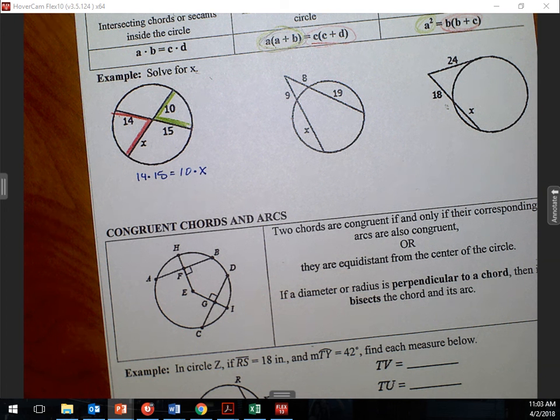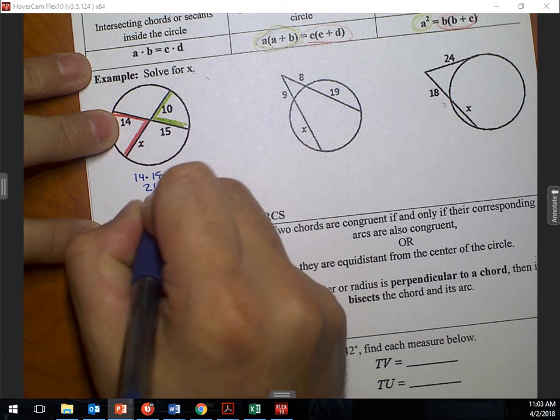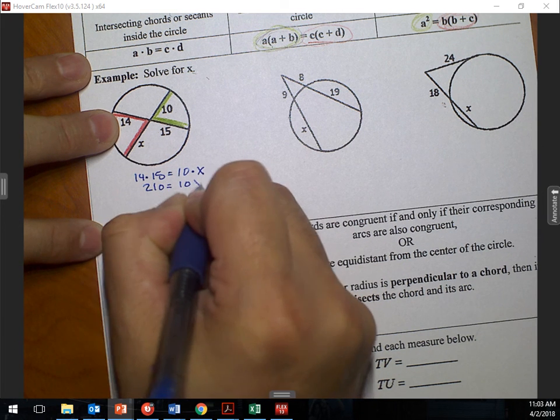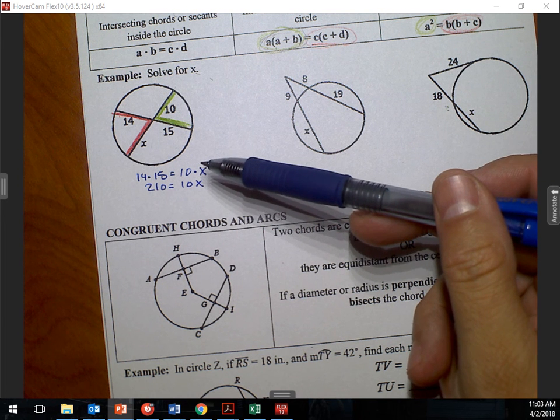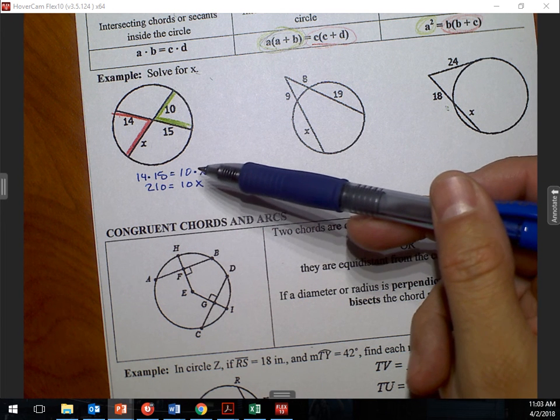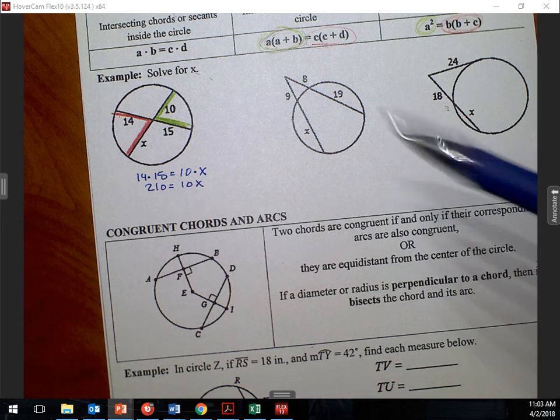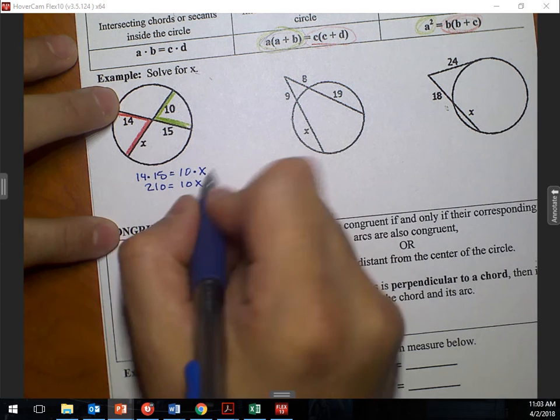Maddie, what'd you get? No, I'm asking you to multiply those two numbers. So it's 210 equals 10x. Now, what would I do right here to try and get my x by itself? Divide by 10.